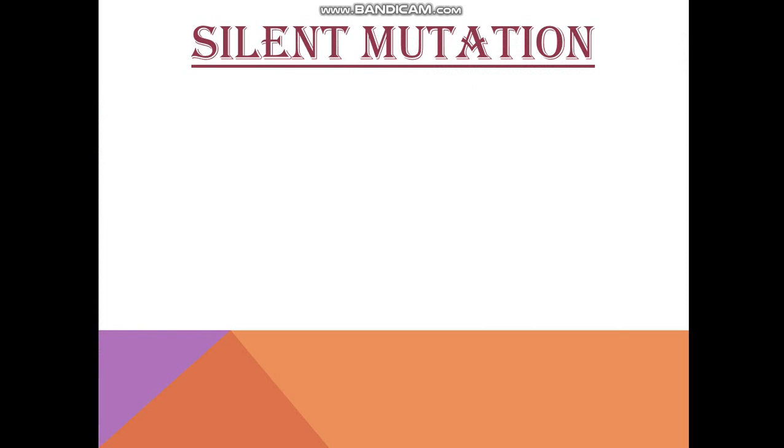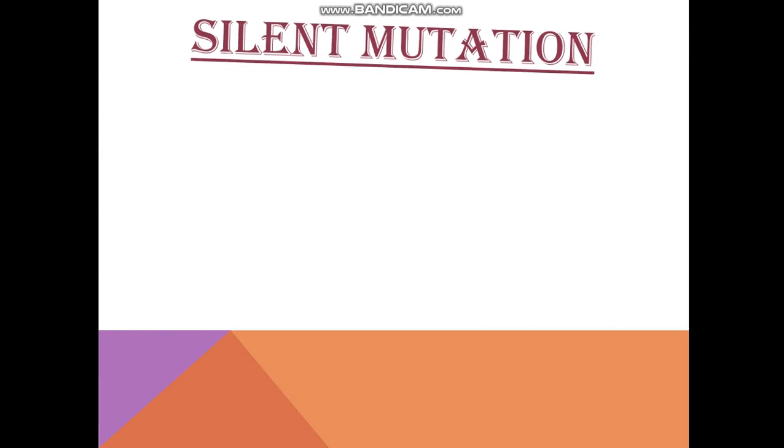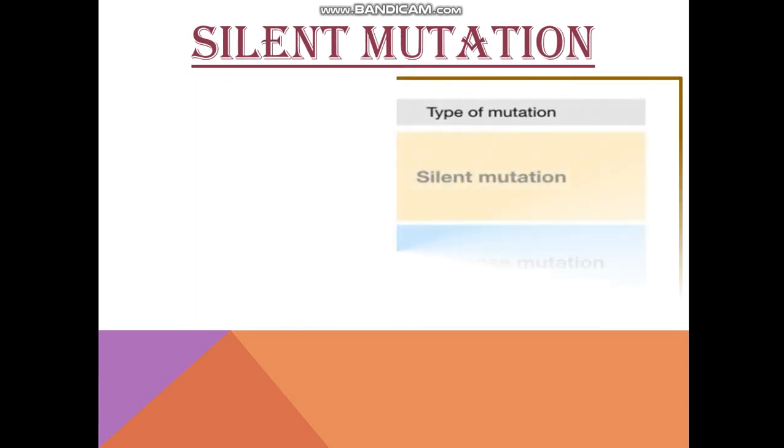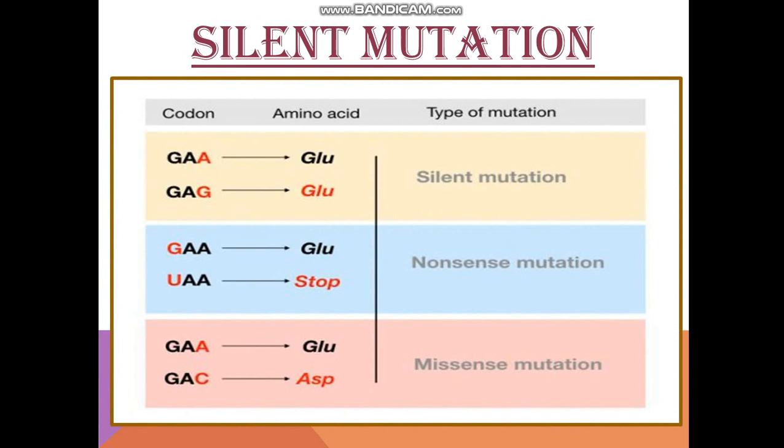One important and very interesting type of mutation is silent mutation. Silent means which is not making any sound. Before silent mutation, let us once recall what missense and nonsense were. Missense: if we take the example of GAA, this is a particular nucleotide sequence, we call it a codon. G, guanine, adenine and adenine.